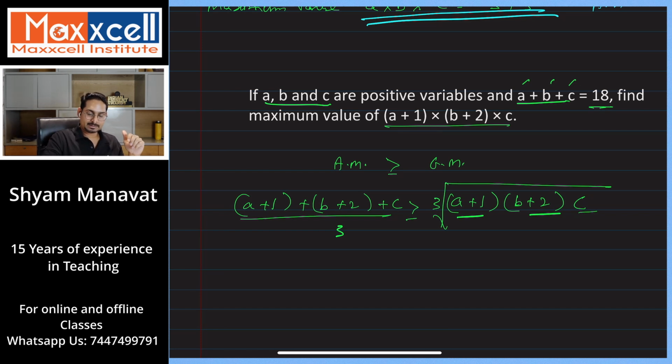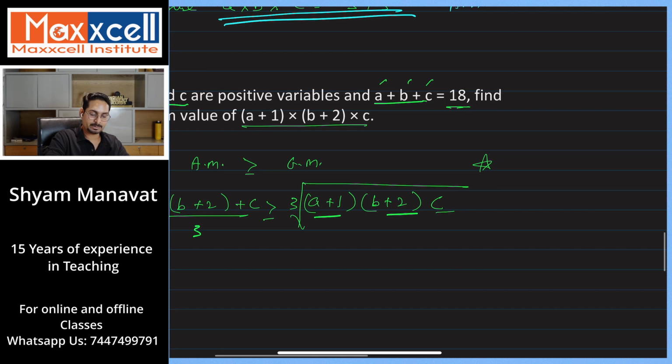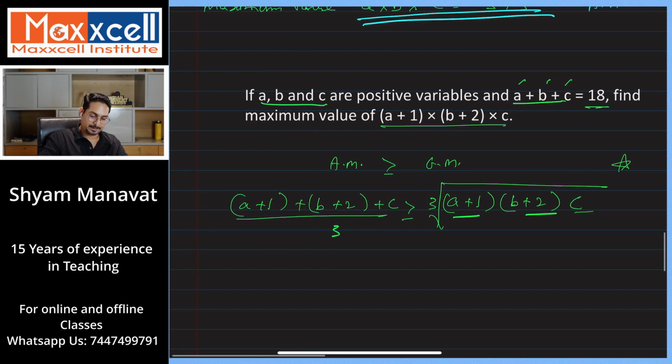If you understand this part, trust me, you won the game for this particular lecture, with this particular concept. We are not using A plus B plus C here. Instead, because we need to find out A plus 1 into B plus 2 into C, I'm considering each value as A plus 1, B plus 2, and C instead of A, B, and C. Clear? Okay.